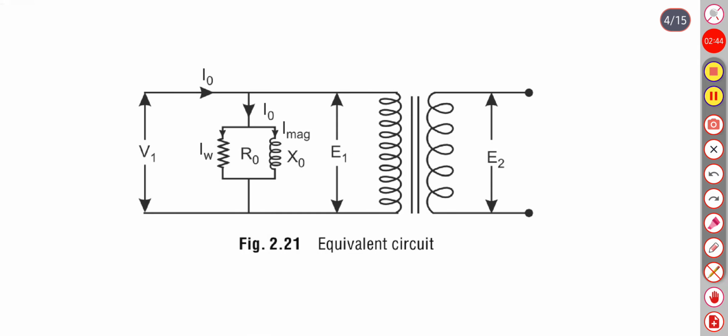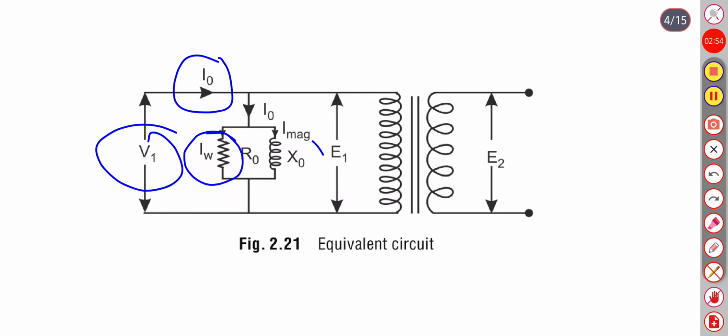This is the equivalent circuit of the transformer. V1 is the applied voltage, I0 is the total current, IW is the active component, and I magnetizing is the reactive component to produce the flux. E1 is the primary induced EMF, E2 is the secondary induced EMF.